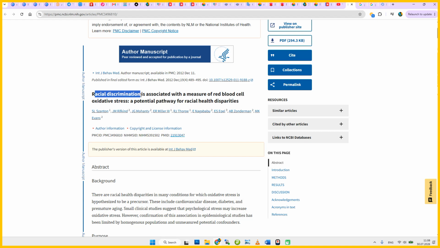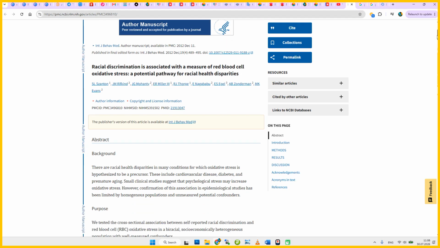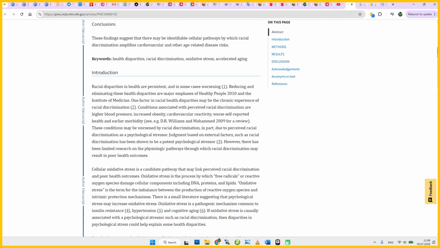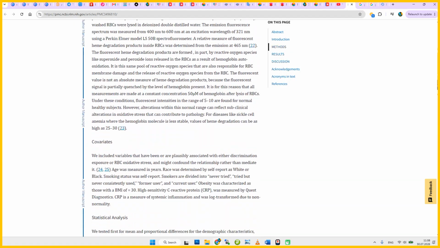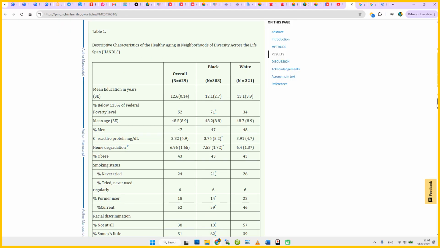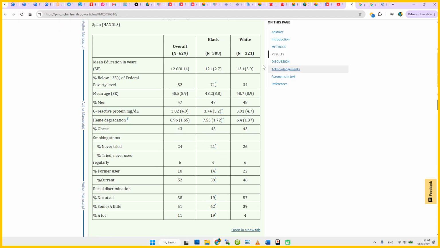Yes, but we have to check proofs and see numbers, right? So we go to the table and see two races, black and white. Okay, and yes, we see different numbers.